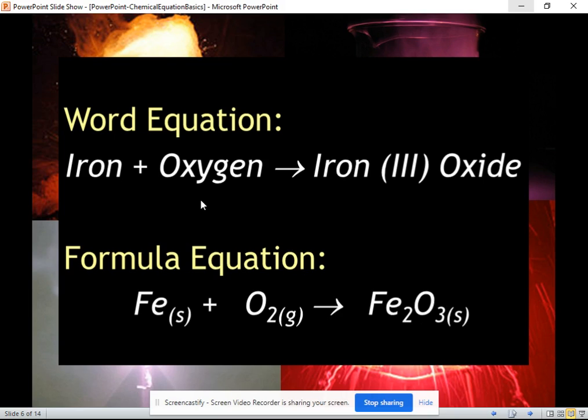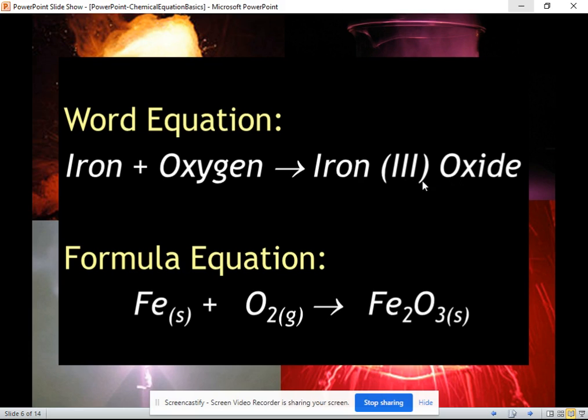So how do you know what these are going to look like? Well, iron is just a monoatomic ion. I'll explain that in a second. So that's just written as Fe. The oxygen is actually diatomic, so we write that as O2. We'll explain that in a little bit more. Iron 3 oxide, though, you should be able to get.